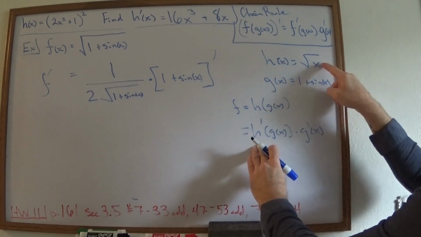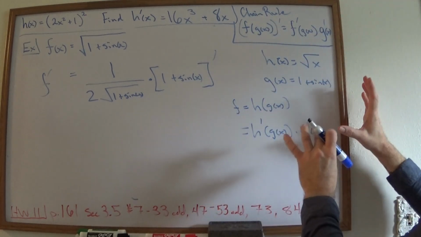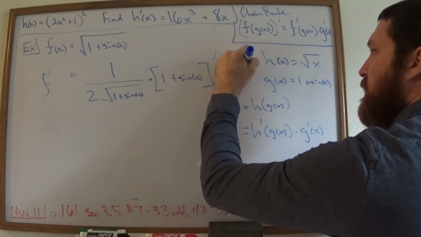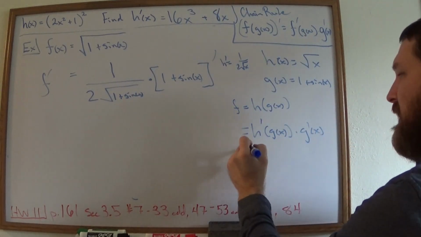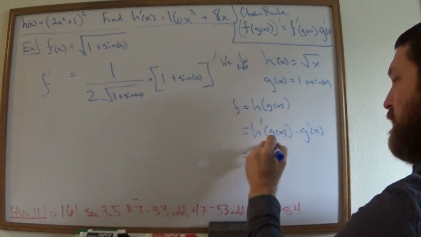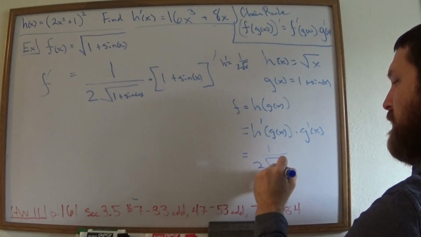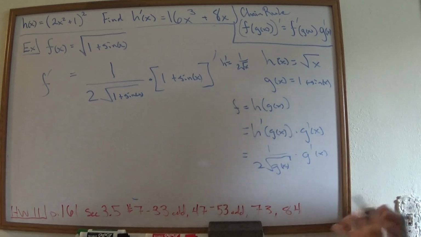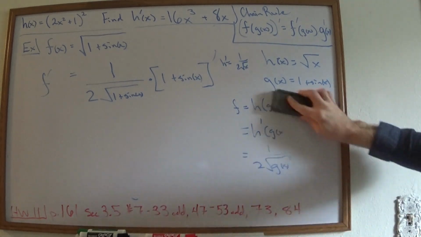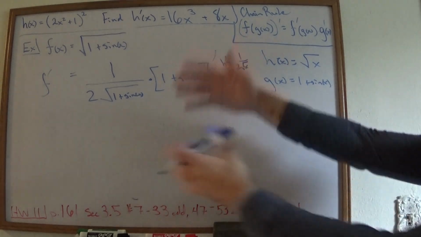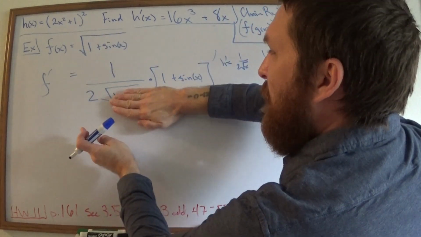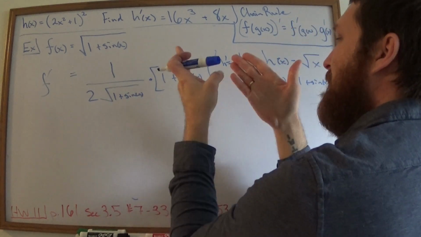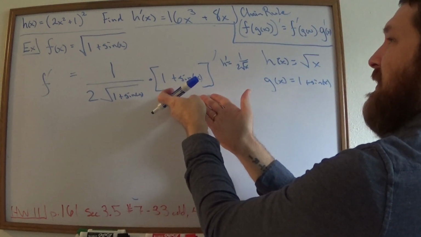Okay, h prime is 1 over 2 root x, and so h prime of this would be 1 over 2 root g of x times g prime of x, and then it's no. It's take the derivative of the outside stuff. Boom. Leave the inside stuff alone. Multiply by the derivative of the inside stuff.